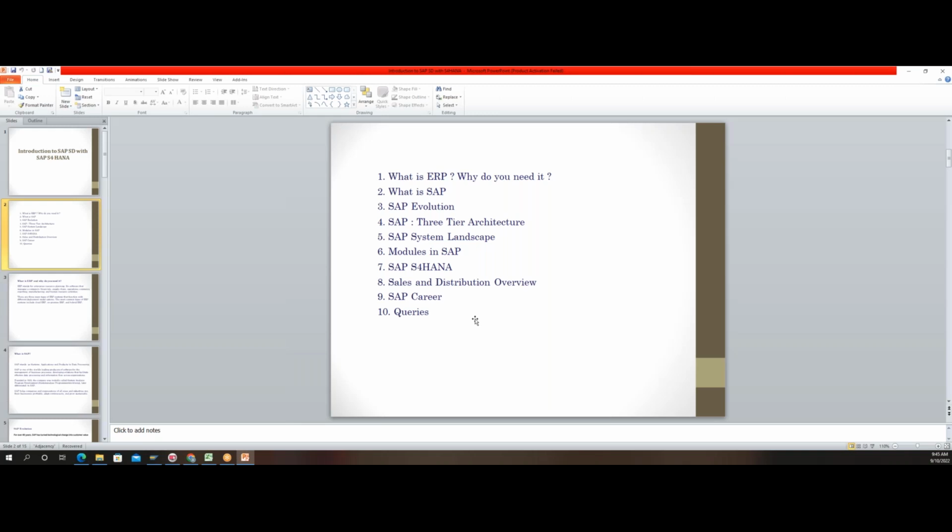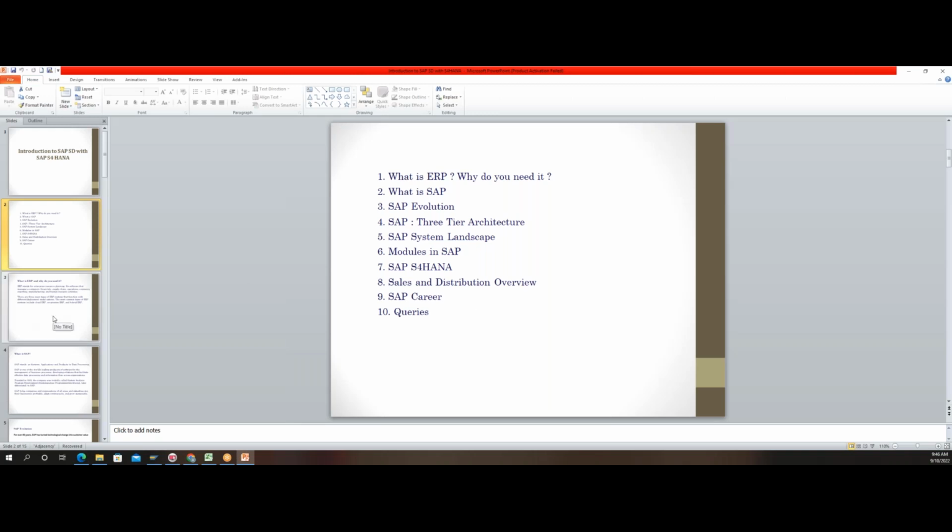Then we'll see the SAP three-tier architecture, SAP system landscape, modules inside SAP, what is S4 HANA and what it has brought to the world of SAP. Then we'll try to understand what sales and distribution is at a high level. Then we'll see what career paths can come out of SAP, what the scope is, and what types of projects we can have. The last slide would be for your questions.